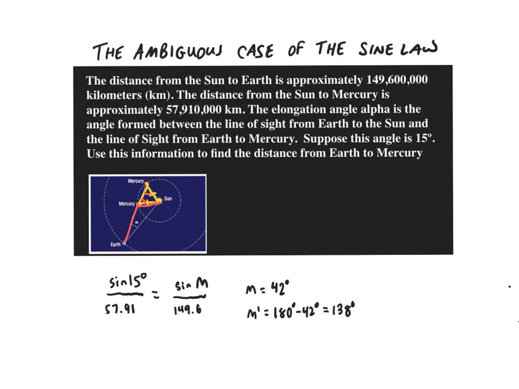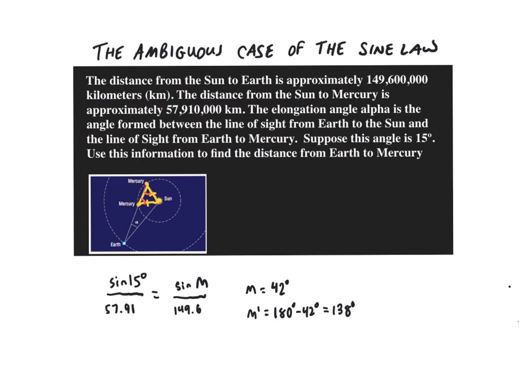So to finish this problem, I need to find two possible distances between the Earth and Mercury, two possible lengths for the third side in the triangle. In order to do that, I should first find two possible angles for the third angle in the triangle, and that's the angle whose vertex is at the Sun.